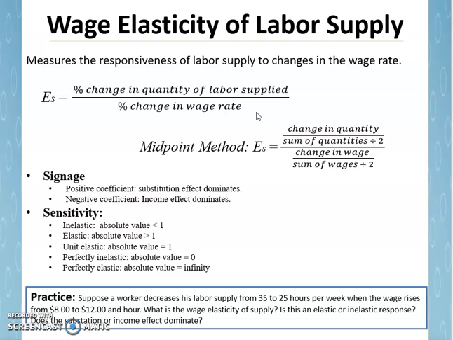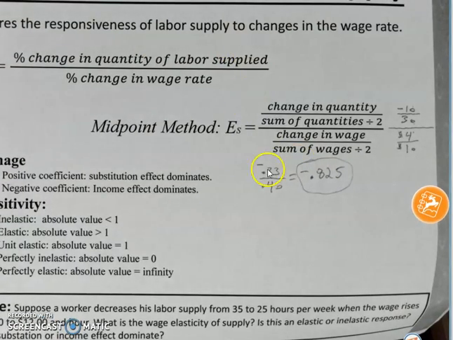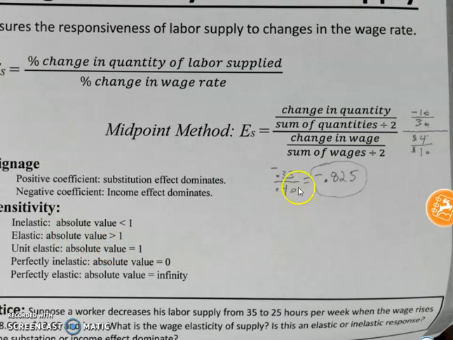So you can see why this would be inelastic, because the change in quantity was less in percentage terms than the change in the wage rate. Again, let me just pull this over here real quick so you can see the numbers. The wage rate goes up by 40% and the quantity supply goes down by 33%. So it's considered unresponsive. It's considered inelastic simply because the change in quantity supplied in percentage terms was less than the percentage change in wage rates.